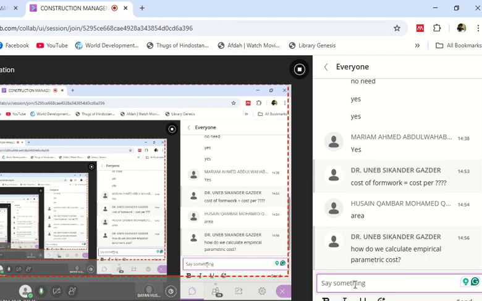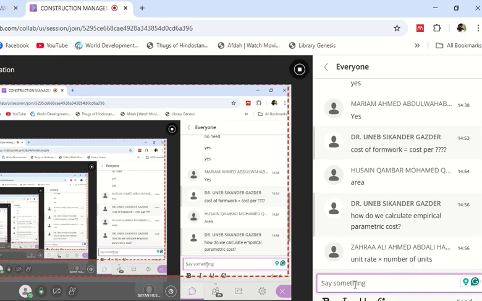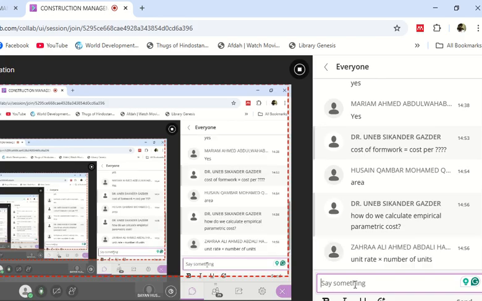No one? I guess I made a mistake when I mentioned the exam at the start. Huh? Everybody went into trauma. This is the unit rate method. Okay, how do we get the unit rate for empirical parametric?